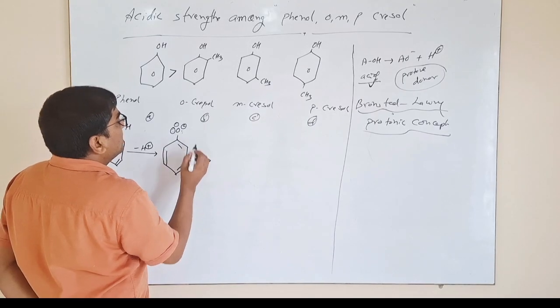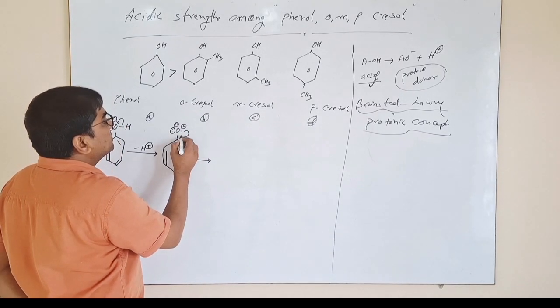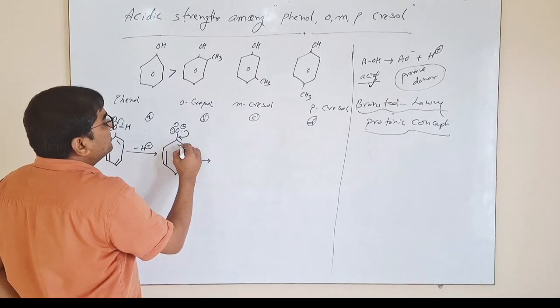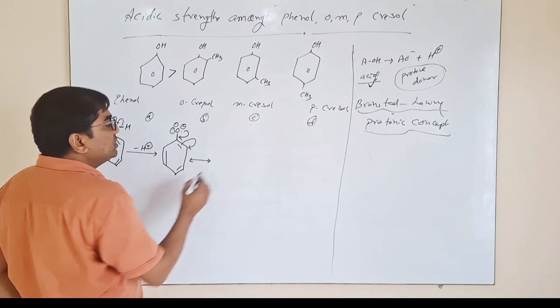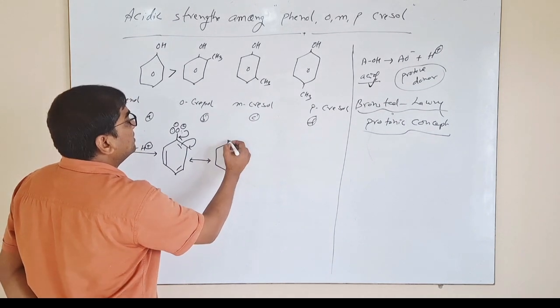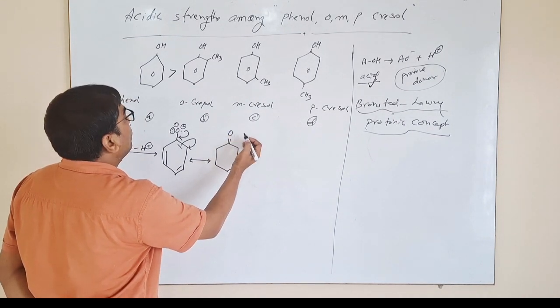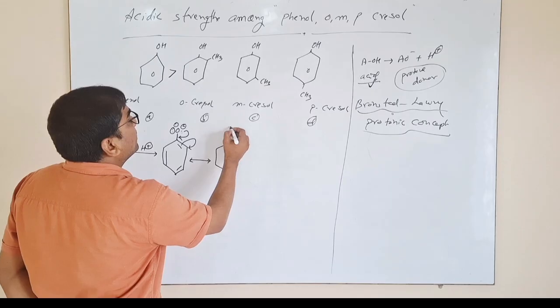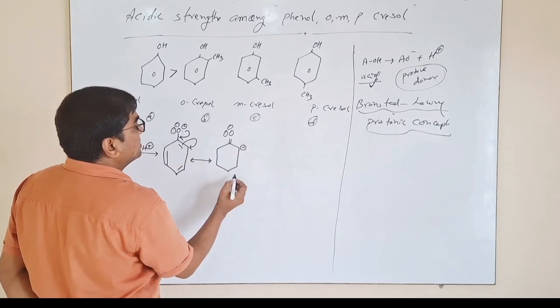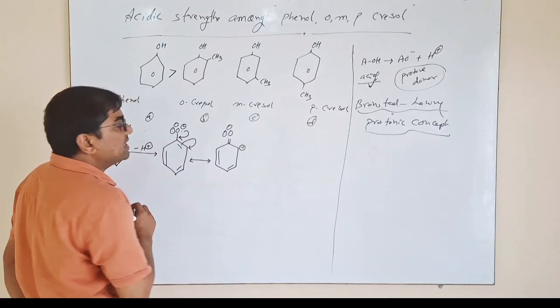Here, delocalization of the lone pairs takes place between oxygen and carbon, and these pi electrons move to the ortho position. So the resonating structure formed will be like this: double bond O, and the negative charge is at the ortho position, and the rest of the structure is as such.